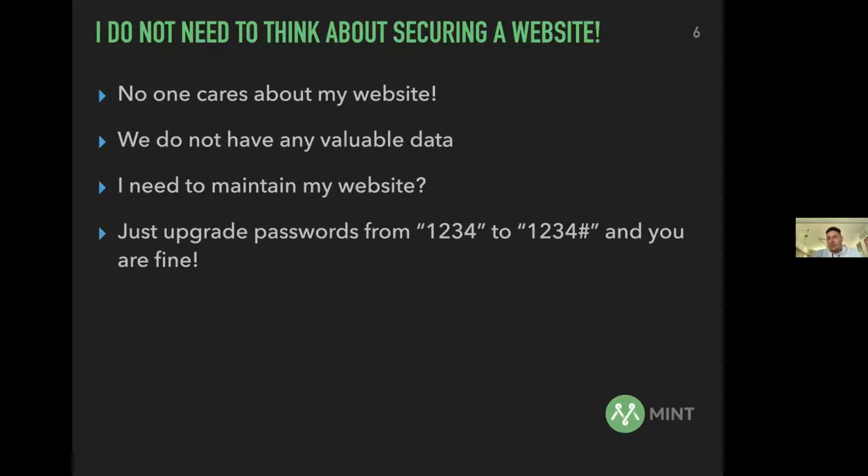But the truth is quite different than that. And there are those people who think that having just strong passwords is basically a solution for everything. Just upgrade your passwords, you're going to be fine. There is nothing to worry about. It will just work. So this is all a myth. This is not true, all of this. And this is what we are going to discuss today.